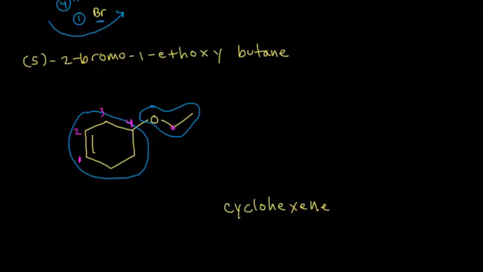Because I have 2 carbons right there. So I have an ethoxy coming off of carbon 4, so this would be 4-ethoxy. And if you wanted to, you could put the 1 in here, 1-cyclohexene. You could leave it out if you wanted to, so it doesn't really matter. But 4-ethoxy-1-cyclohexene gives you all the information that you need if you wanted to draw this molecule. So that does it for nomenclature of ethers.